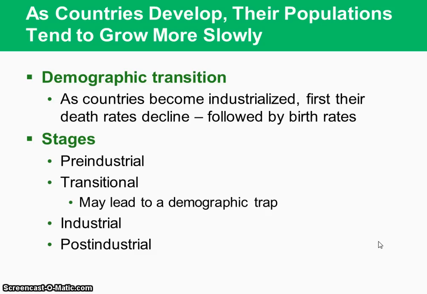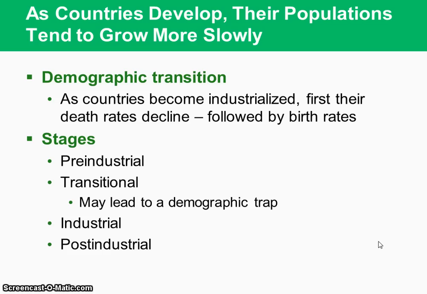The first stage is pre-industrial, then we go to transitional, industrial, and post-industrial. Most people have no problem getting these correct except for not remembering where transitional goes. We'll talk about that as we go forward. Obviously pre-industrial has to be the start and post-industrial has to be the end, so it's remembering that we transition into an industrial society.